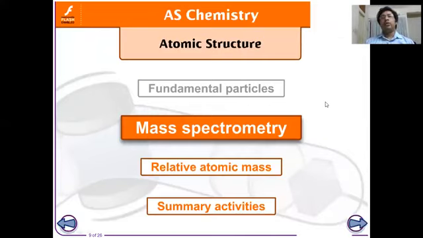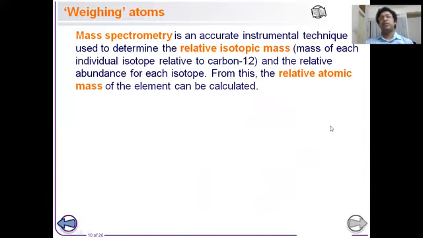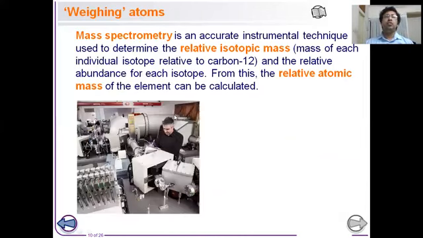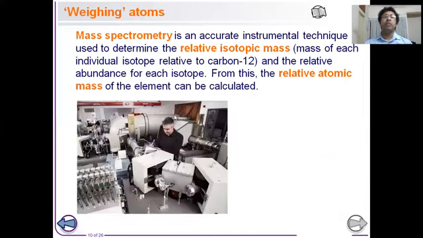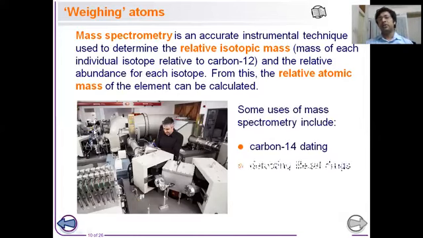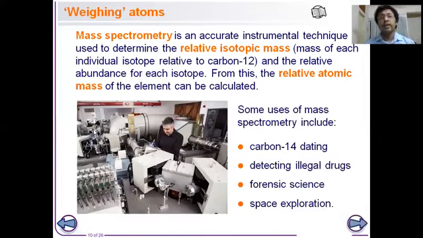Well, now the very important topic of this chapter, that is mass spectrometry. A mass spectrometer is a kind of machine which is used to find out the relative atomic mass of different atoms. It's a very complex machine. We are not going to explain the structure of the machine. We will just know the basic characteristics of this machine in our syllabus.